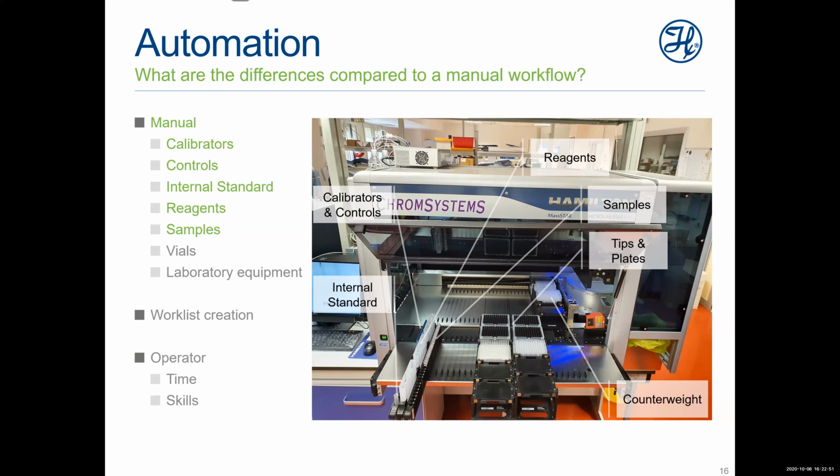In our case, we need to use vials and laboratory equipment to create the worklist by hand, an operator with some skills, and mainly the time of the operator. This part is covered by the Hamilton system. Okay, next one.